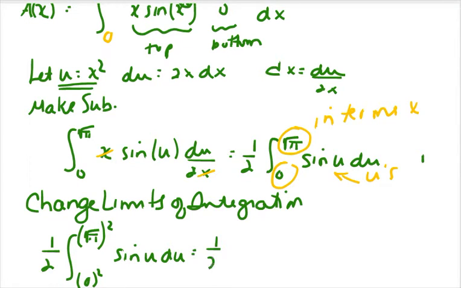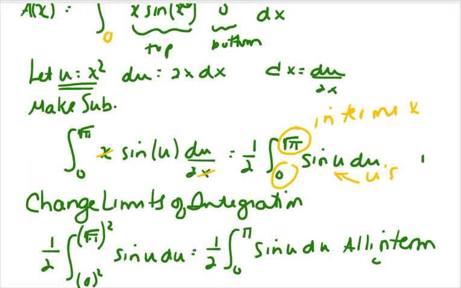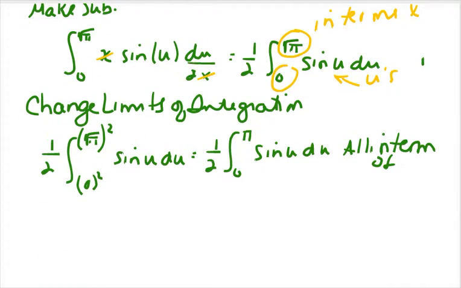So we can just go ahead and evaluate this. Right, the square of a square root just cancels out. And everything is in terms of u. So we're good to go. This gives you a little bit more practice with definite integrals.